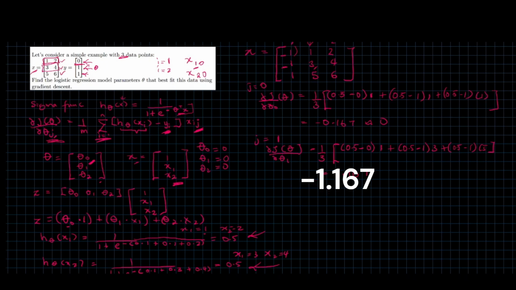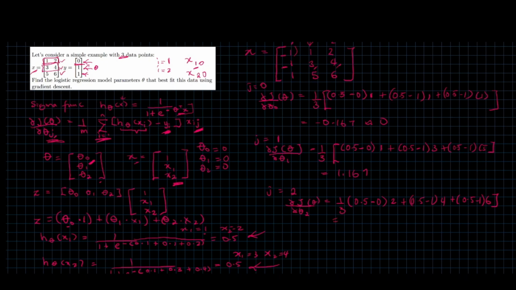And then lastly, for j equals 2, you're trying to solve this out again. It's going to be 1 over 3, 0.5 minus 0 again, times the third column this time. This will be 2 plus 0.5 minus 1 times 4 in this case, plus 0.5 minus 1 times 6 in this case.